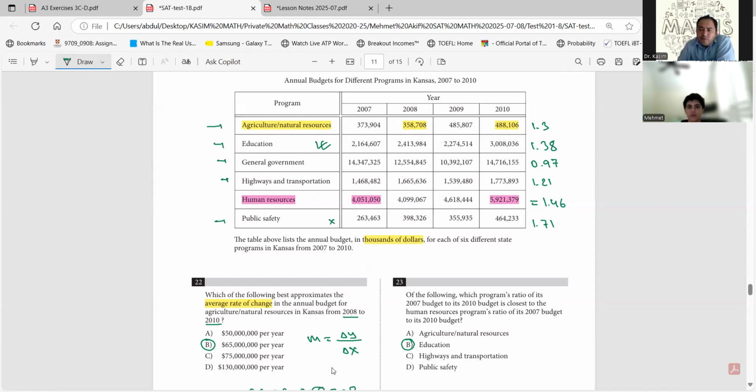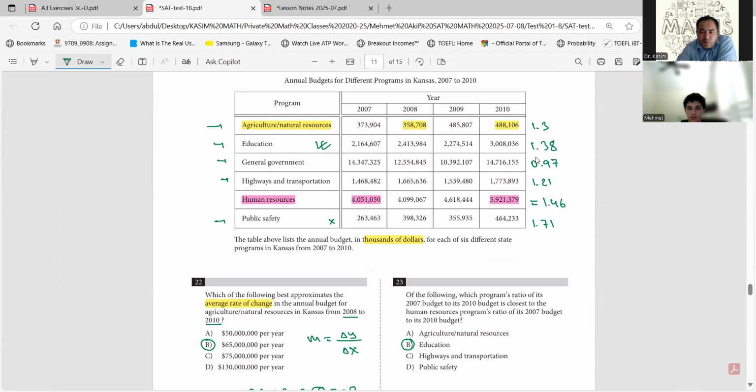Do you have any idea to solve this question a different way? I mean, shorter, faster. I just wonder because we have to calculate one by one. I mean, yeah, it takes a bit, but maybe we can eliminate like this, right? You see, this one is 2 something, 3 something.